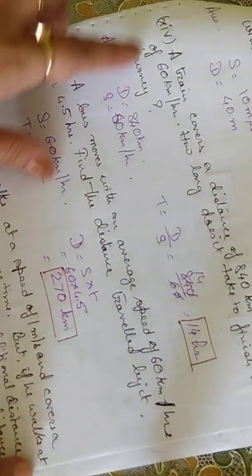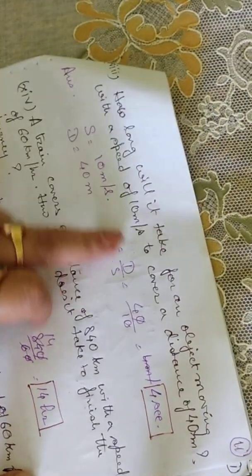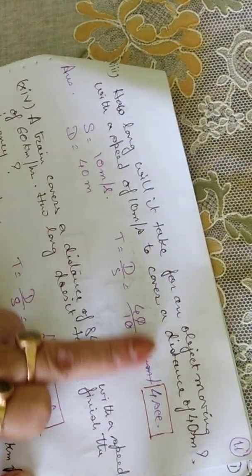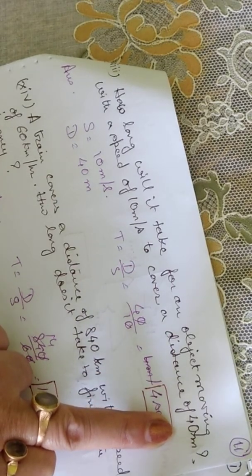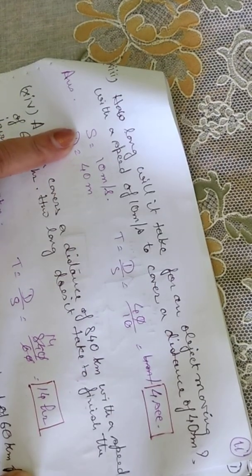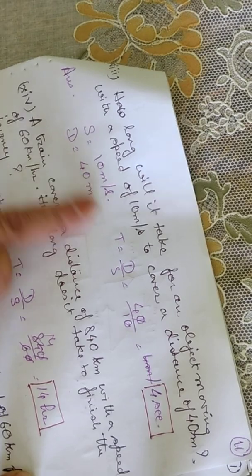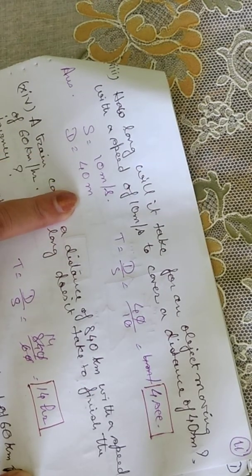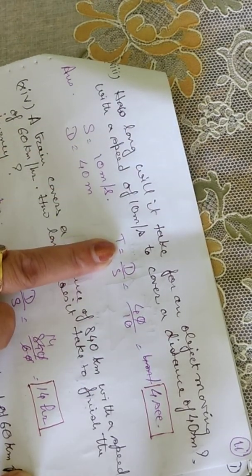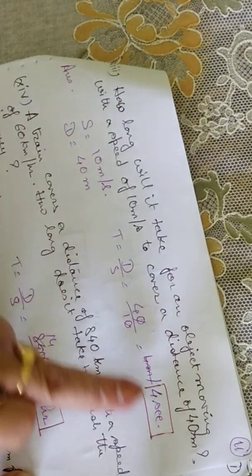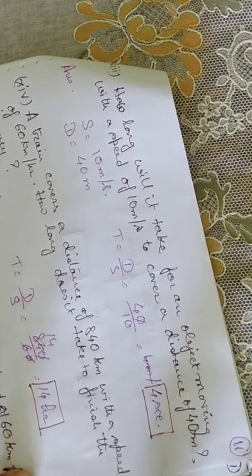How long will it take for an object moving with a speed of 10 meter per second to cover a distance of 40 meters? Speed given is 10 meter per second and distance covered given is 40 meters. So time taken will be distance by speed, 40 by 10, that is equal to 4 seconds.